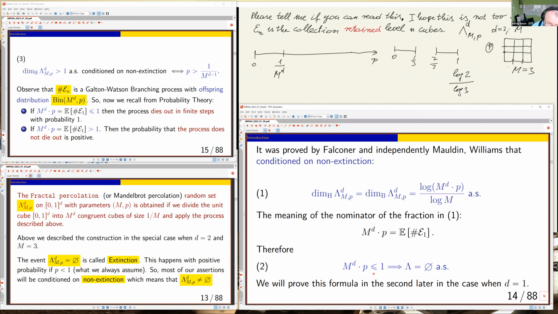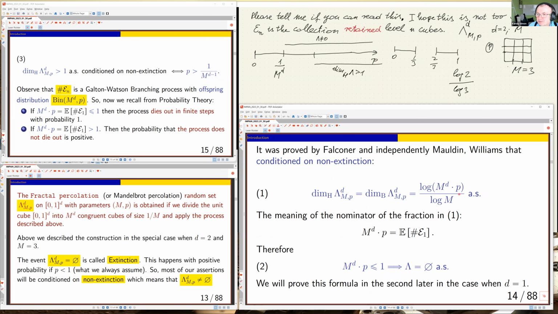Okay, now there is another interesting thing. When do you have that the dimension is bigger than 1? It will be important for us. So this is the region where you have a chance that lambda is non-empty, conditioned on non-extinction, but I don't want to write that there. And then when do you have that the set lambda has dimension bigger than 1?